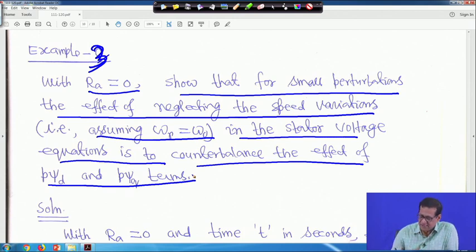So we have to prove this. P psi d means a differential operator, that is P is equal to d dt, so it is basically the psi d dot and psi q dot terms.